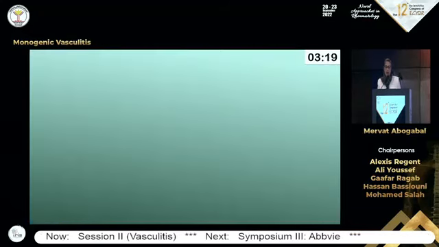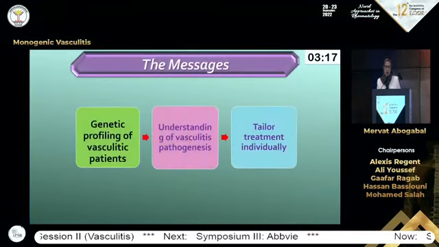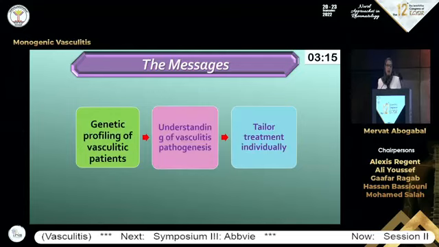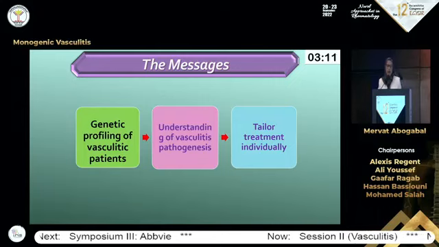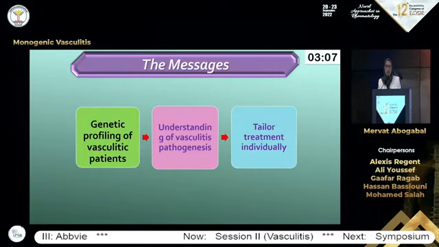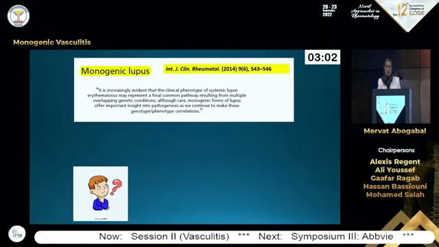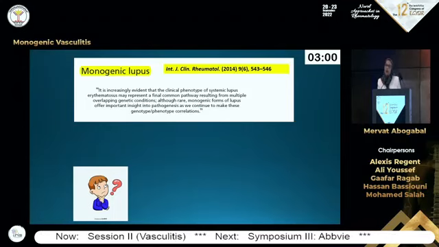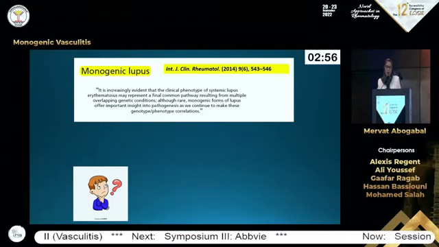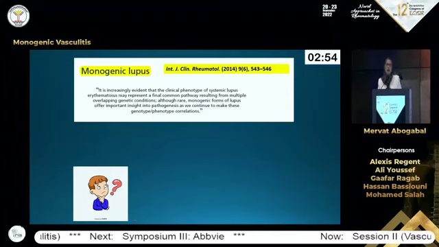Now we came to the message of this talk today: genetic profiling of vasculitis patients helps better understanding of vasculitis pathogenesis and helps tailor treatment individually, which serves the goal of precision medicine. One of you will tell me that vasculitis as a rheumatologic disease is a rare group of diseases. What about monogenic variants?